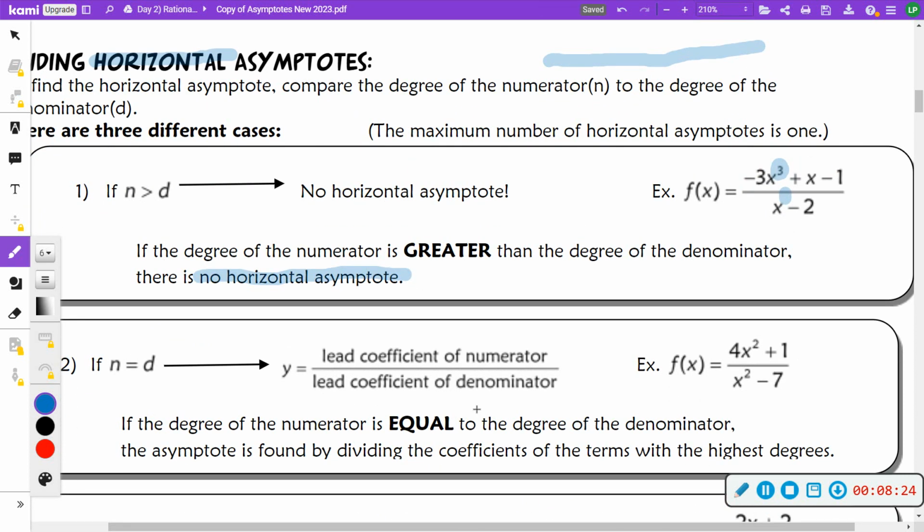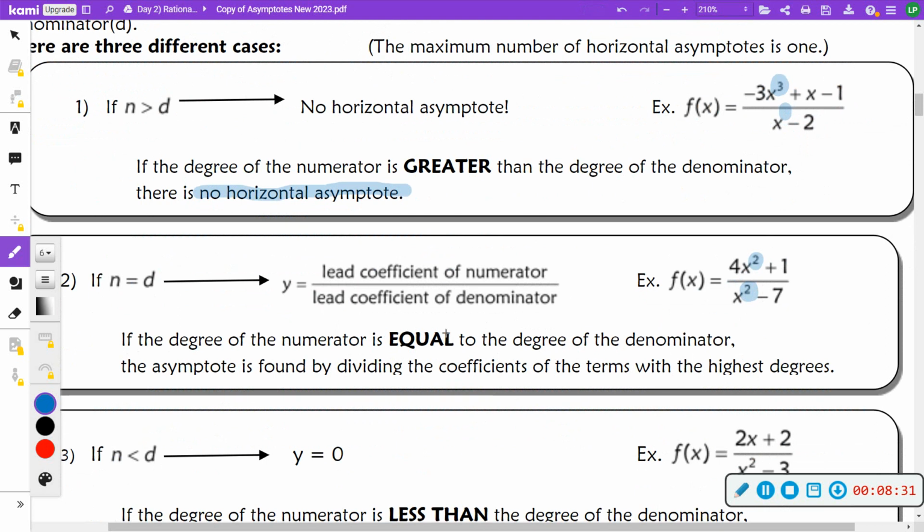Now when I look at the degrees, if those are equal, like here, see degree is 2, degree is 2, then you can find the asymptote by dividing the coefficients. What I mean by that, the coefficient here would be 4. The coefficient here is 1. So I would divide those two, and I would get that my horizontal asymptote in this scenario would be y equals 4/1, which is just 4.